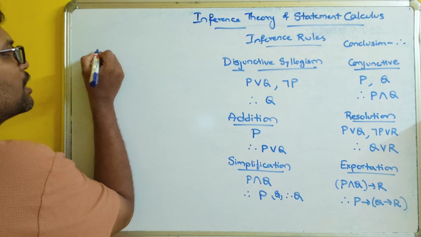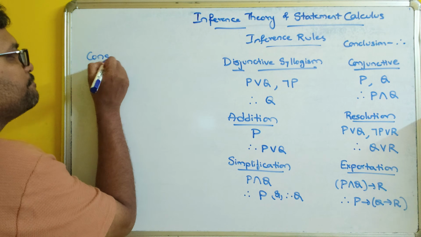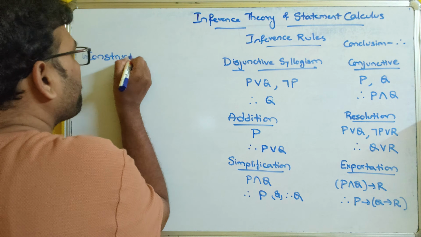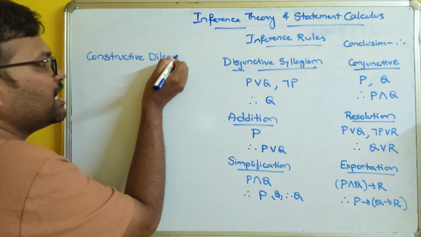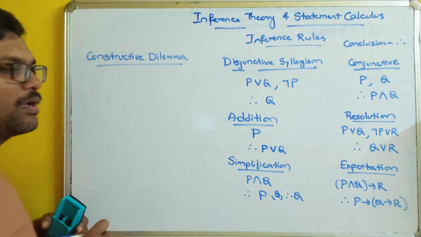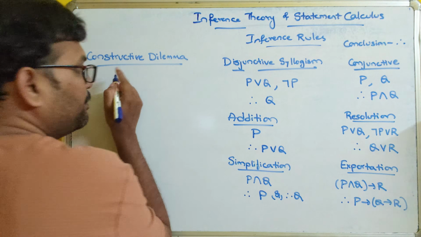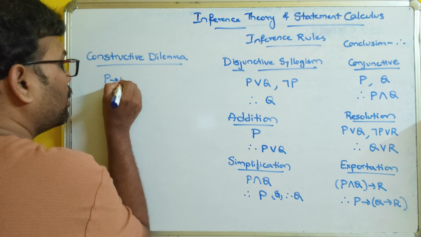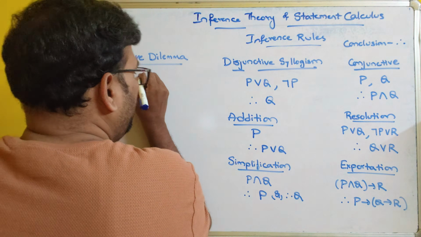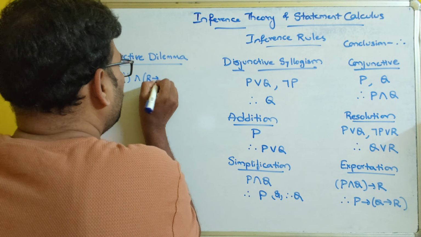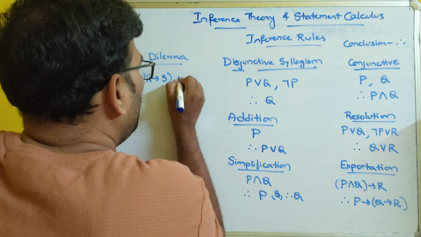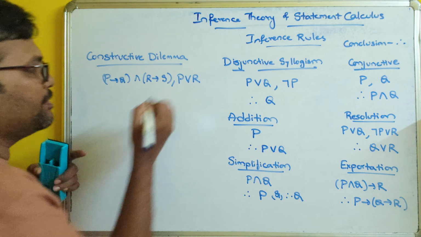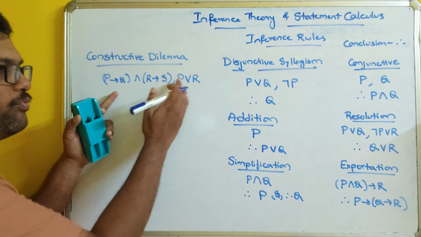Next, constructive dilemma. If the premises are in this format P or Q and P implies Q and R implies S, comma P or R. It's two formulas.